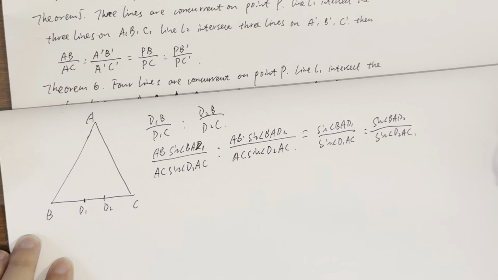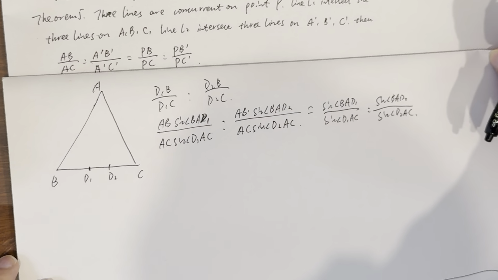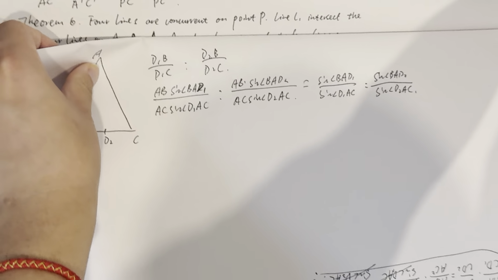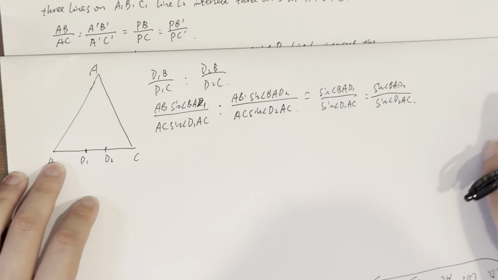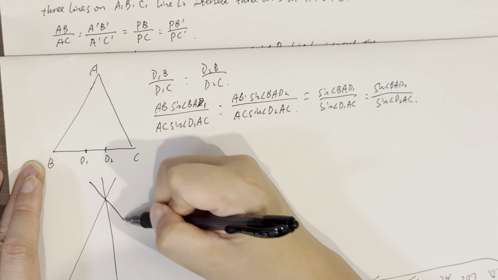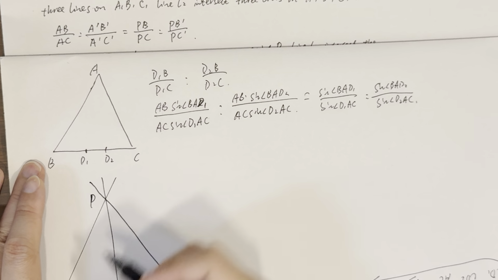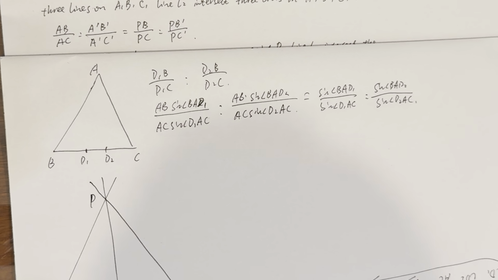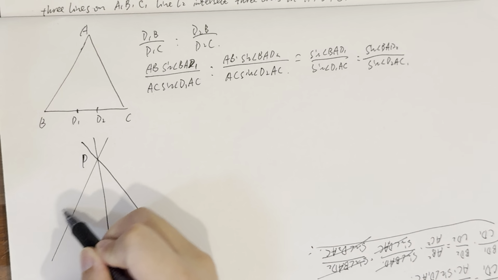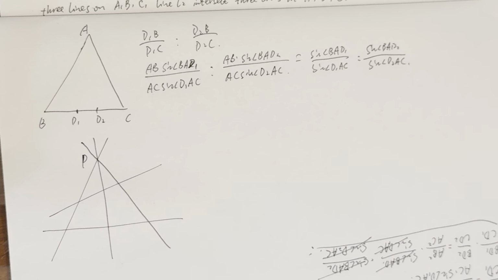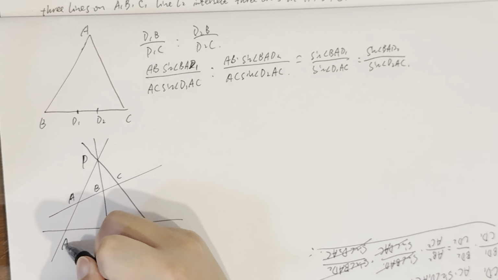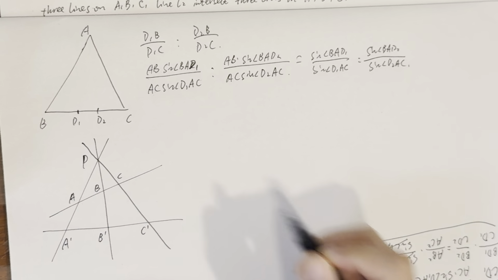So let's draw it here. We have point P here, and we have A, B, C, A prime, B prime, C prime, right?